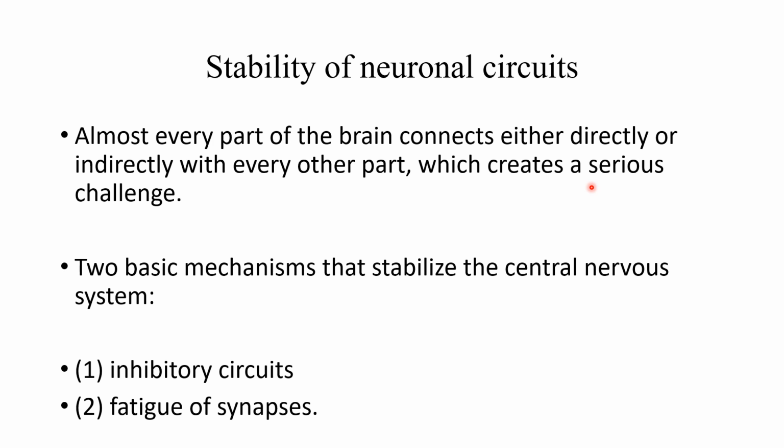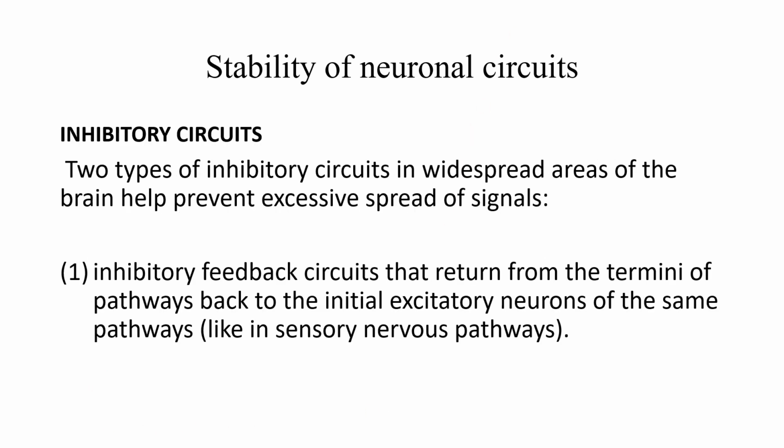Some of these mechanisms are the inhibitory circuits or the fatigue of the synapses. Inhibitory circuits are important to prevent excessive spread of signals in the central nervous system, so they provide inhibitory feedback circuits, especially in the sensory pathways.